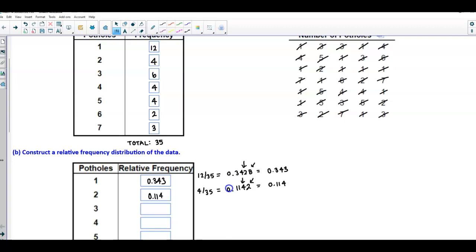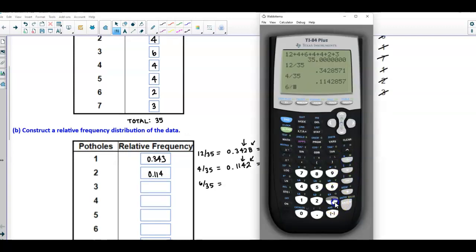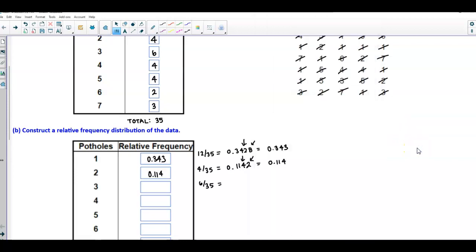The next one is 6 divided by 35, which gives us 0.1714. This is our rounding digit. Our testing digit tells us to keep it the same at 0.171.